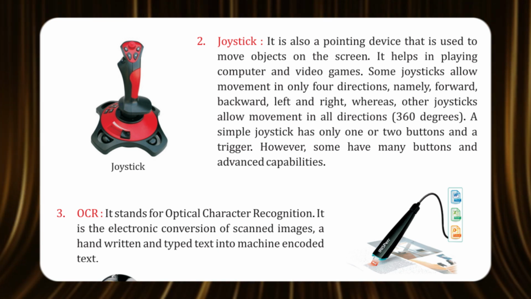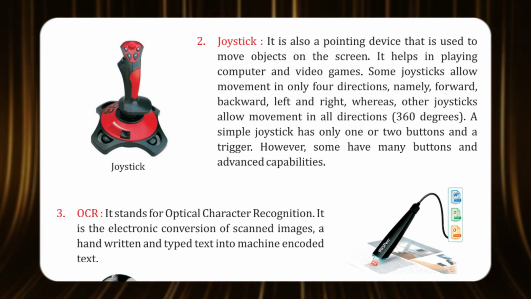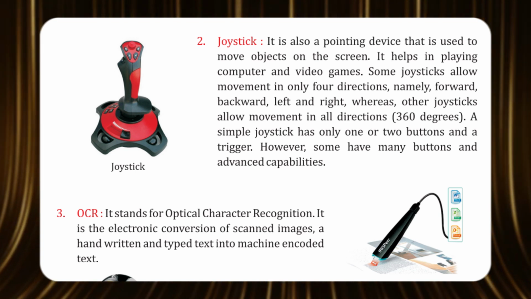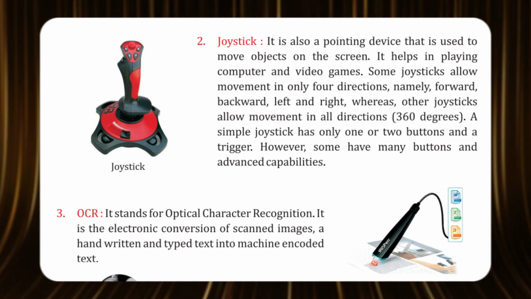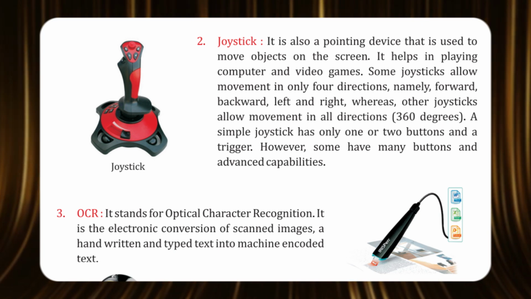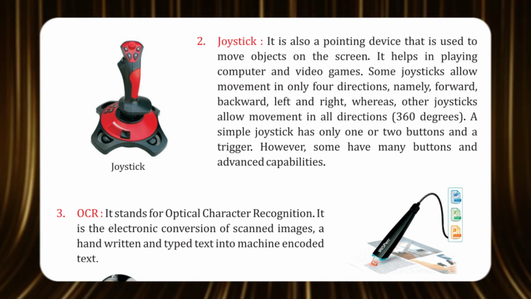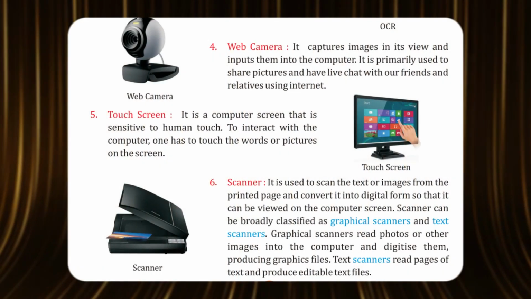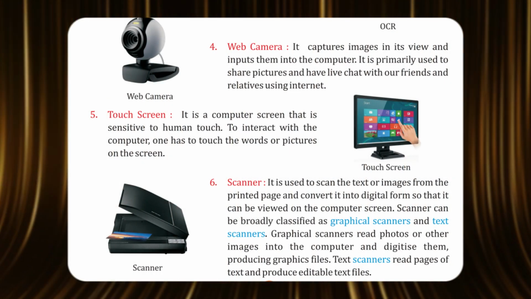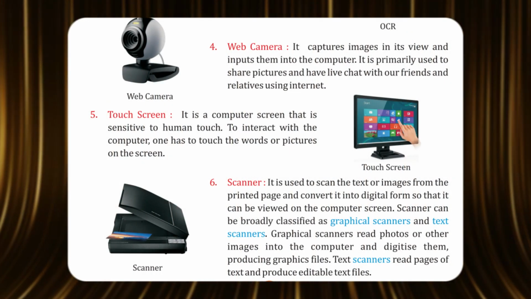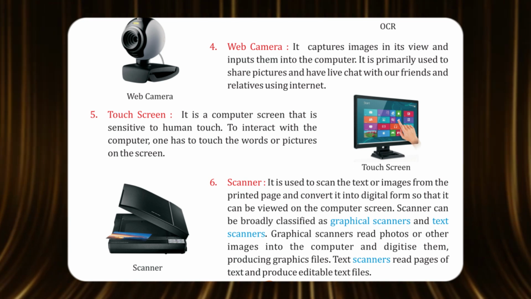3. OCR. It stands for Optical Character Recognition. It is the electronic conversion of scanned images, handwritten and typed text into machine-encoded text. 4. Web camera. It captures images in its view and inputs them into the computer.